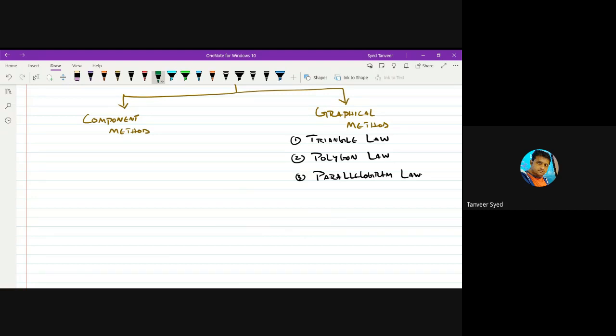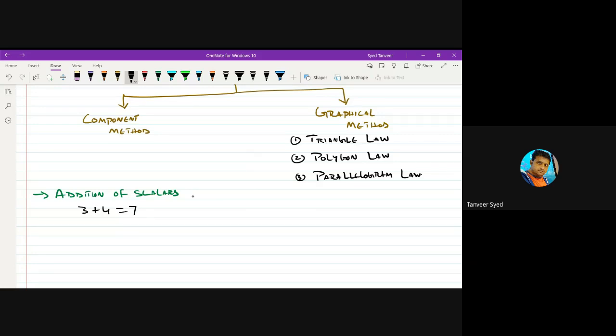Now, if you just take addition of scalar quantities, you have been doing this right from your LKG or UKG. 1 plus 1 is 2, 2 plus 3 is 5, 10 plus 10 is 20, 11 plus 11 is 22, 3 plus 4 is 7.